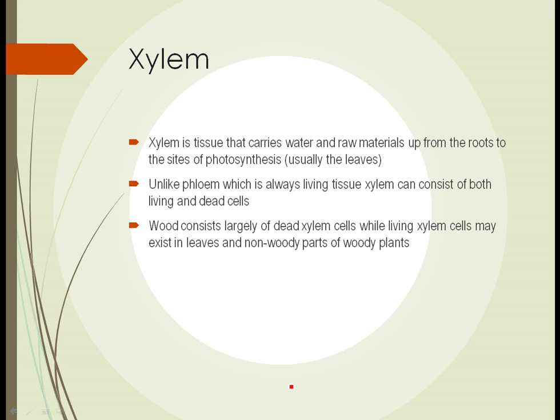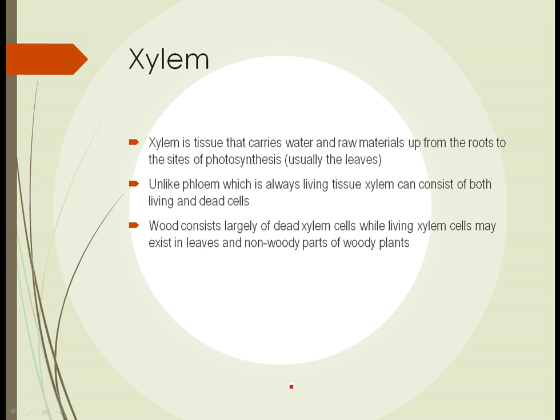Xylem carries the water and raw materials up from the roots to the sites of photosynthesis, which in most plants is usually the leaves. Some plants can photosynthesize in stems and shoots as well. Now, unlike phloem, which is always living tissue, xylem can consist of both living and dead cells.